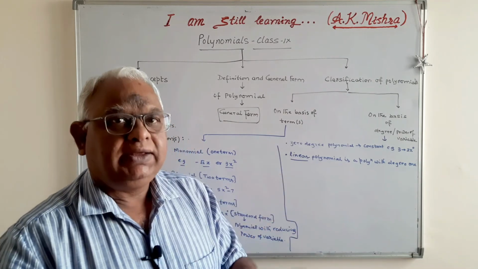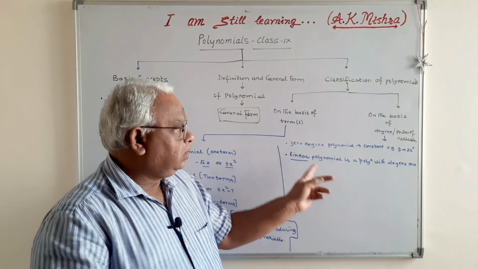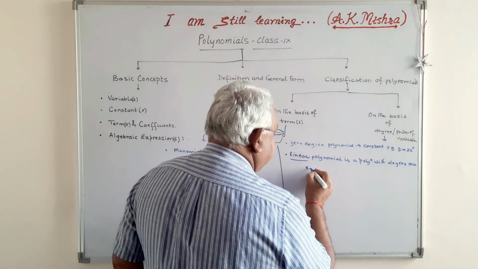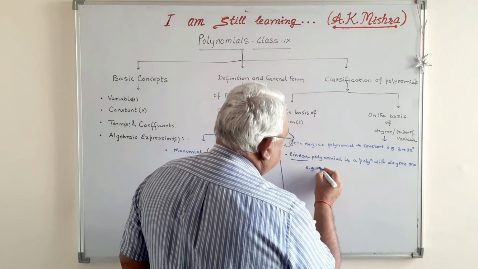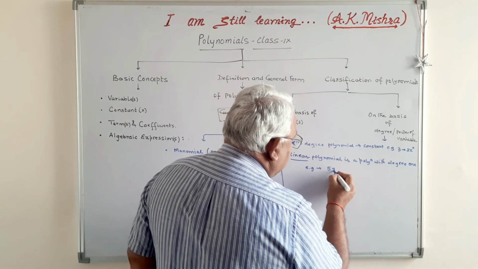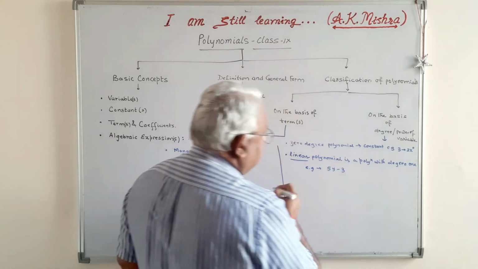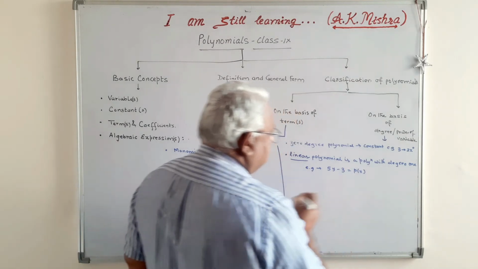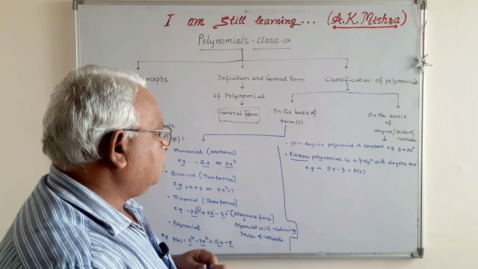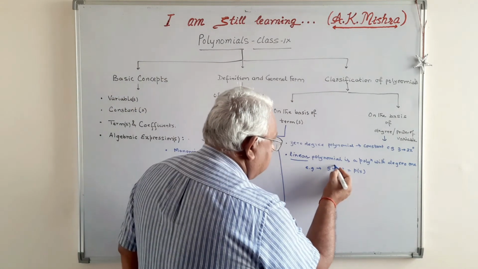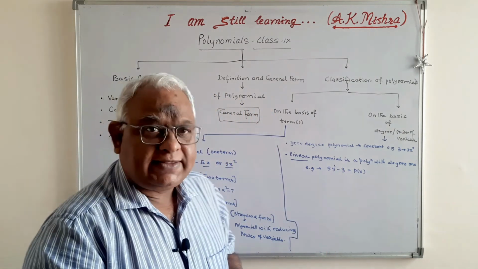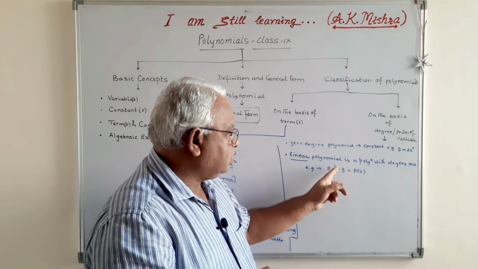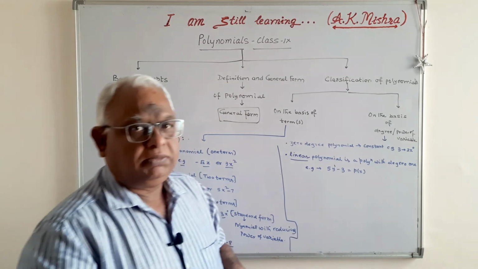Linear polynomial means any polynomial whose degree is 1. For example, 5y minus 3, which you can write as p of y. Here the degree means the highest power of the variable.